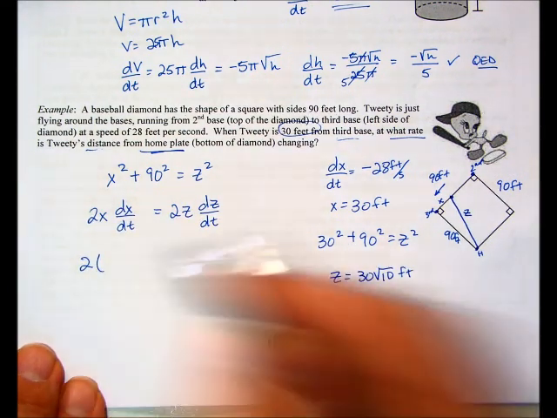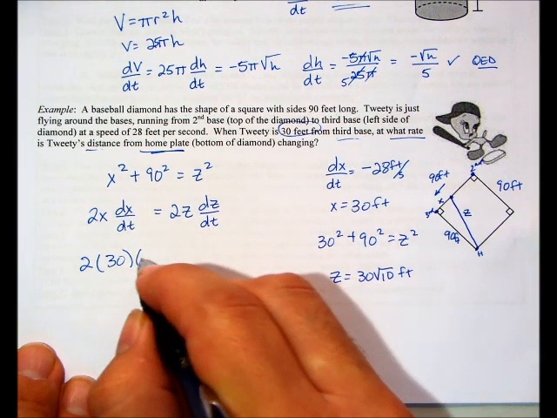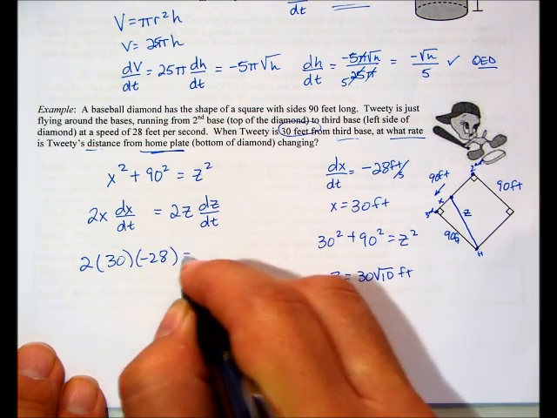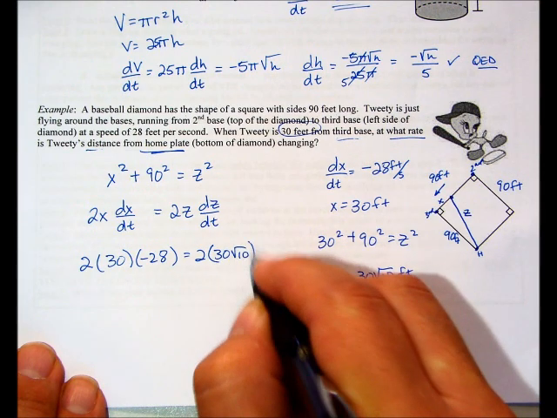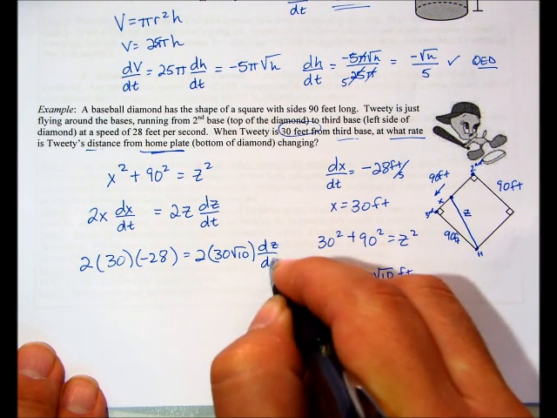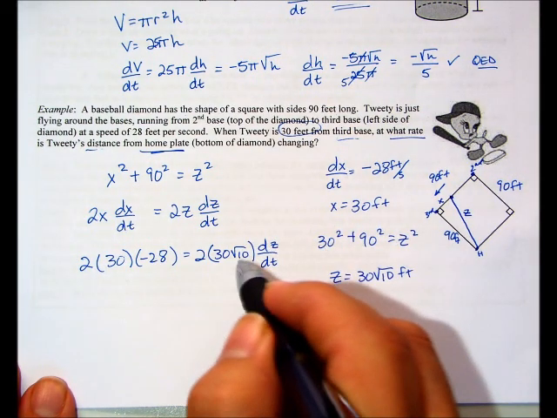And now we're going to plug things in. So we've got 2 times 30 times dx/dt, which is negative 28, equals 2z, z is 30 root 10, dz/dt. And we're going to divide this over here.